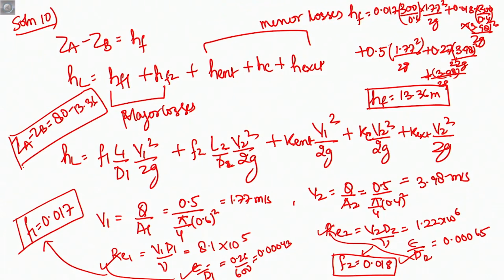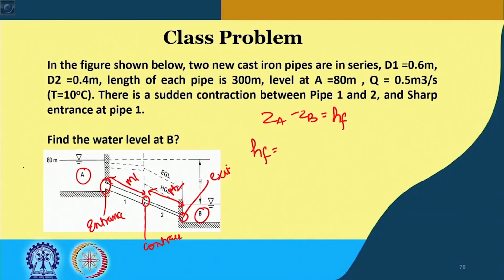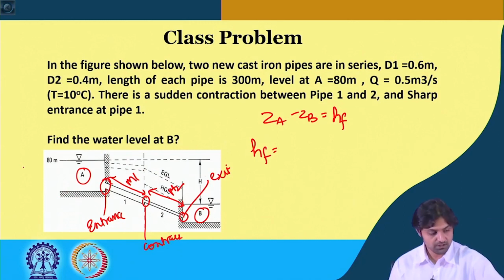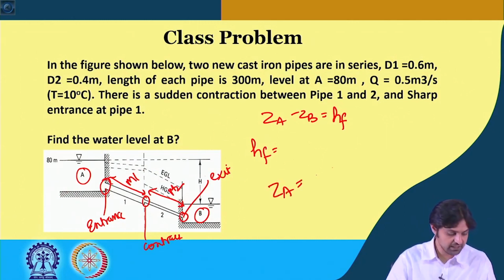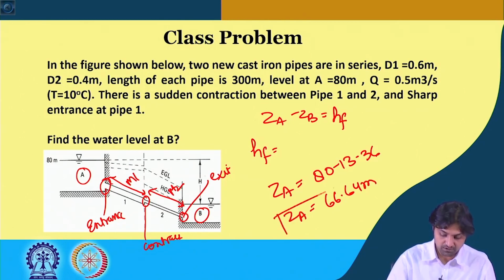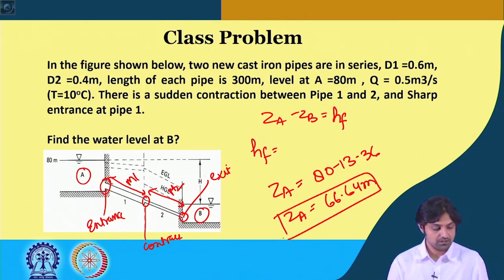Alright, I think we should not make it so much cluttered, but now you understand the process. We calculated the major losses, we calculated the minor losses, and we calculated the total, and here we get the level at B as 80 minus 13.36, that is 66.64 meter. Okay, this was the elevation.